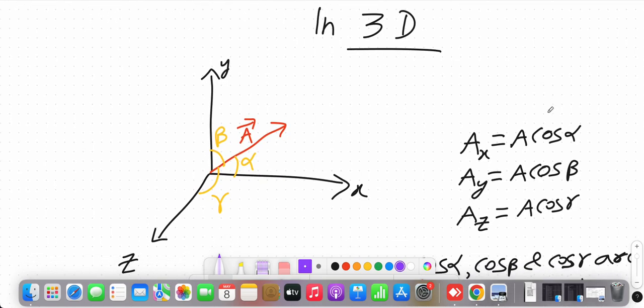Now in 3 dimensions, let us consider a vector A which is making an angle alpha with the x-axis, beta with the y-axis, gamma with the z-axis. Let me show you.